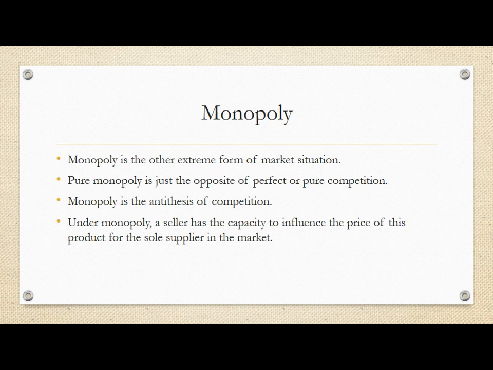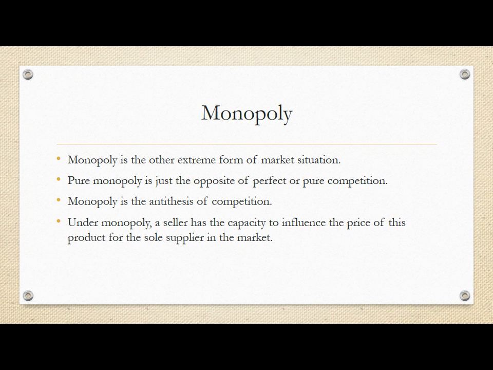Under monopoly, a seller has the capacity to influence the price of its product, being the sole supplier in the market. If the firm is a single seller, there is pure absolute monopoly. The degree of monopoly power tends to be less with the increase in the number of sellers in the market.